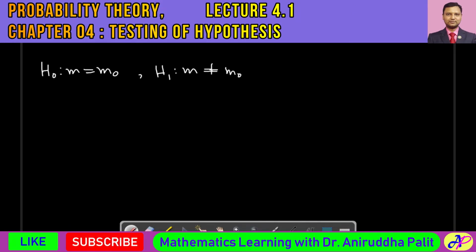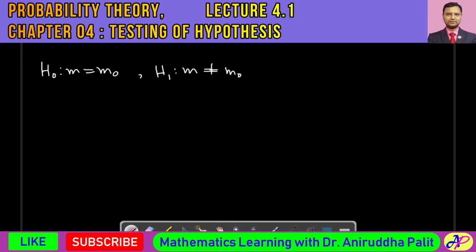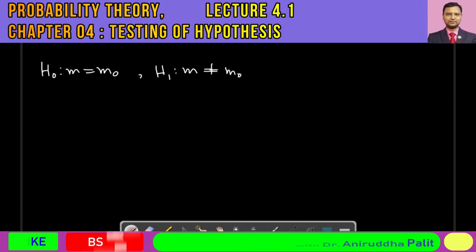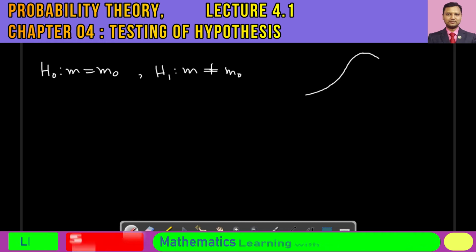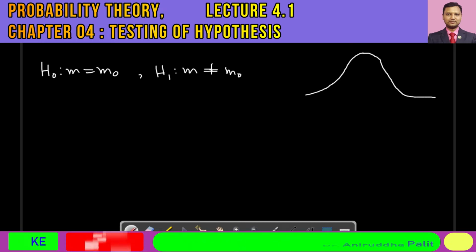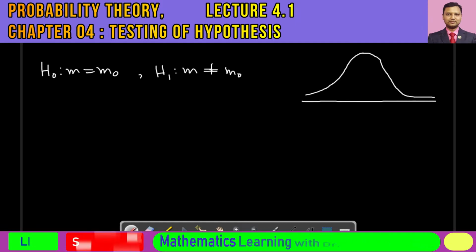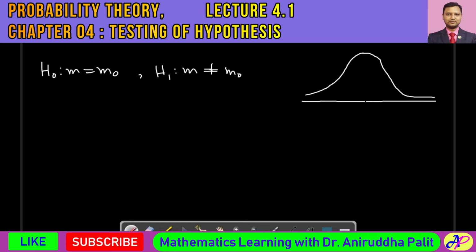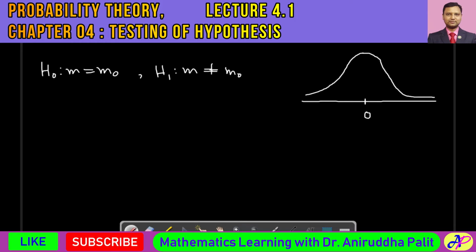Now, if this type of hypothesis is there, in that case the critical region is to be constructed in this fashion. Suppose this is the density curve of the standard normal distribution, symmetric about the middlemost point, and in case of standard normal distribution, 0 is the mean, so this value would be equal to 0.